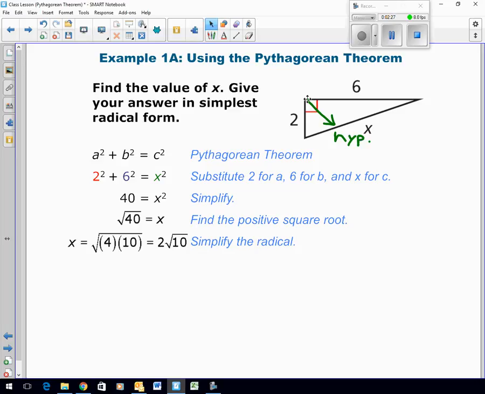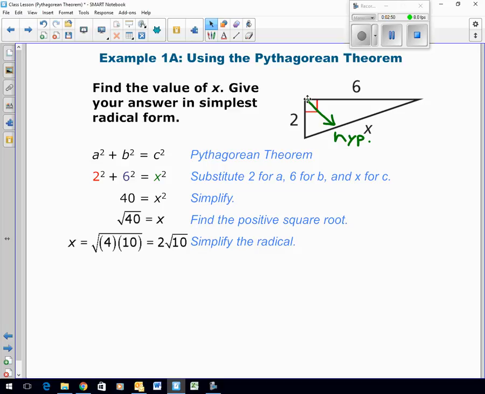If you have a right triangle, get used to labeling the side opposite the right angle the hypotenuse. We're going to do that for all of our Pythagorean theorem problems and all of our trig problems. We will always identify the hypotenuse.